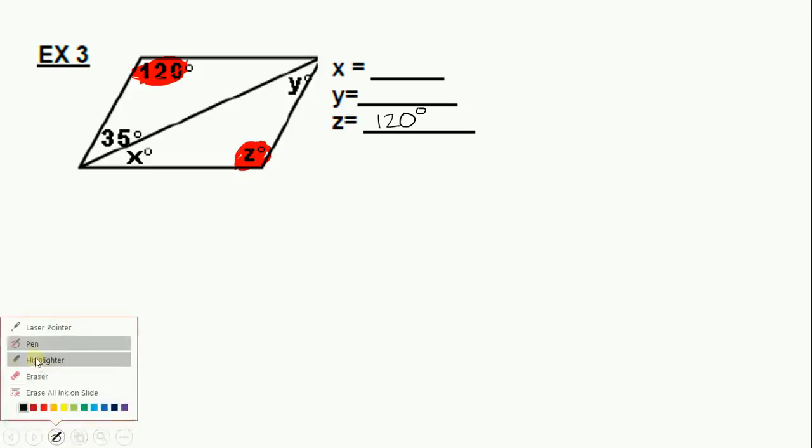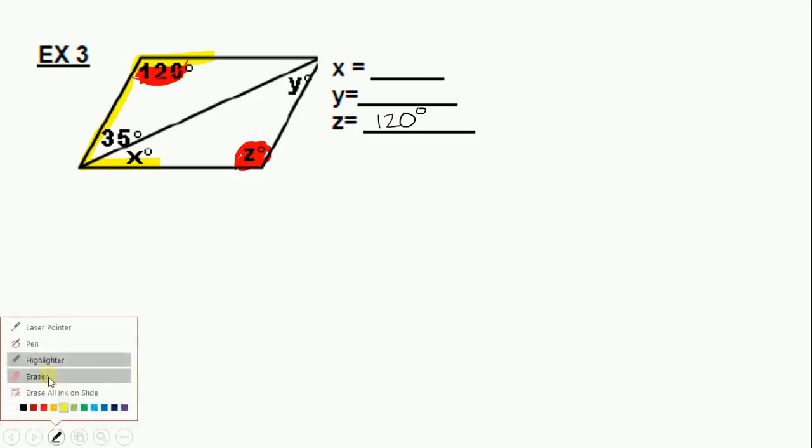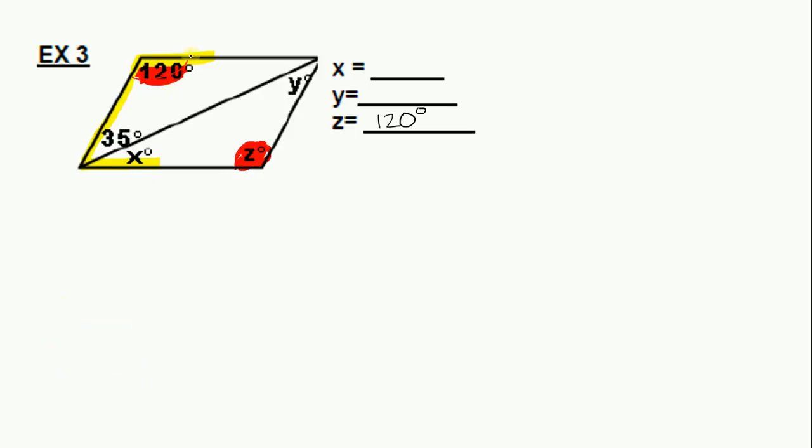Okay. What else can I do here? Well, another thing I know is that I see a C, right? We got a C going on. So that would mean consecutive angles, which tells me that this guy and that guy, because this 35 and X both make up that angle, right? Those guys have to be equal to 180. So what I should be able to do is go 120 plus 35 plus X equals 180.